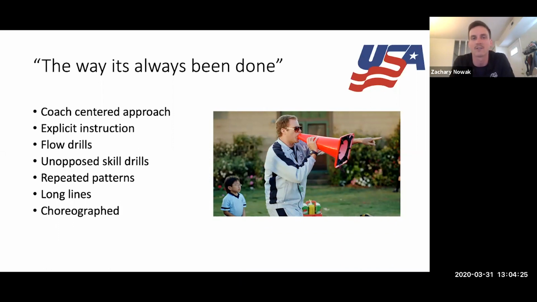This is how you solve the problem, right? A lot of flow drills, unopposed skill drills, repeated patterns or choreographs. So a drill might look like you pass to this guy, then pass to this guy, then pass to this guy, then you go down and shoot. Typically there were longer lines, right? So maybe only 2 or 3 guys are going at a time.